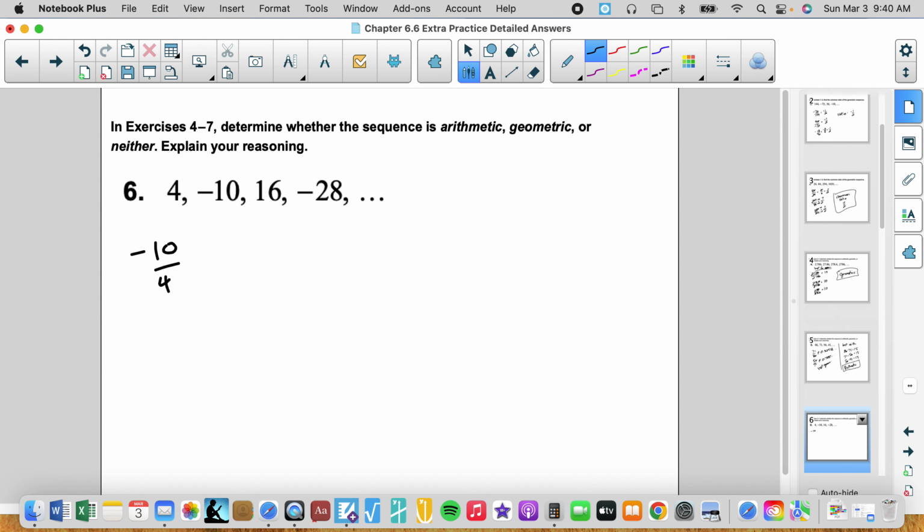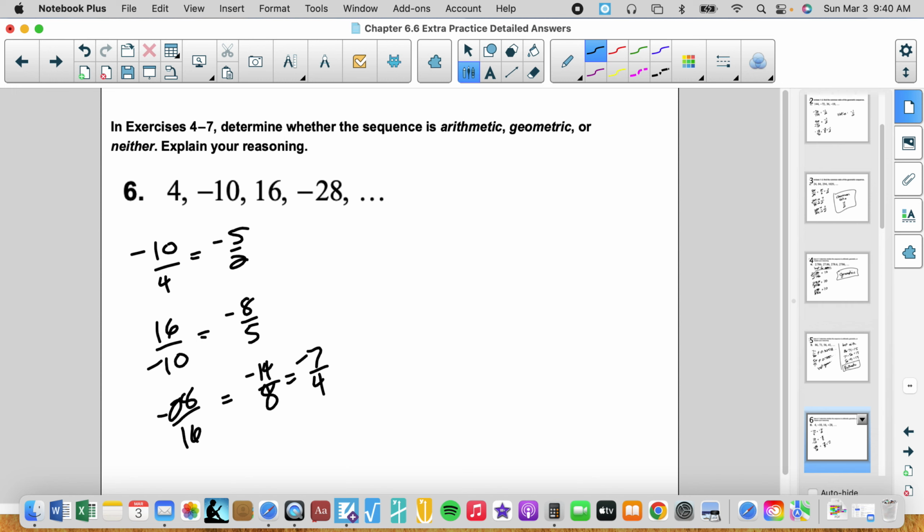Next, negative 10 over 4, 16 over negative 10, negative 28 over 16. That's negative 5 halves, then negative 8 fifths, then negative 7 fourths.